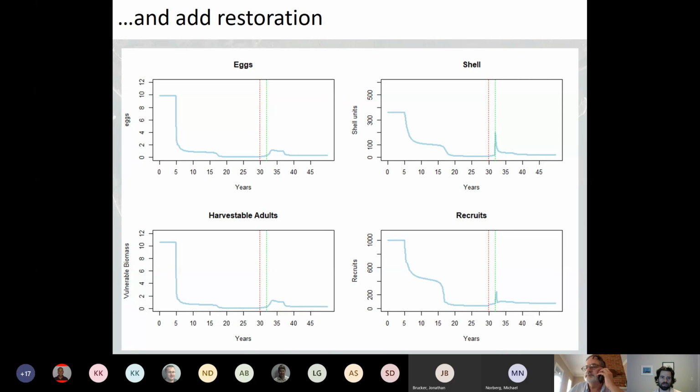The other thing that I just remembered that I should have pointed out earlier is we will put spatial dispersal dynamics in this. It's another level of complexity that we won't be able to do in every different system, but that will allow us to explore, for example, even with some uncertainty about how oyster larvae disperse, what spatial arrangement you would want to employ to make sure that you have good results.